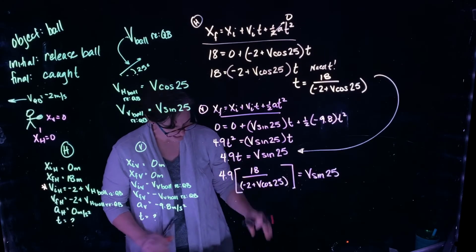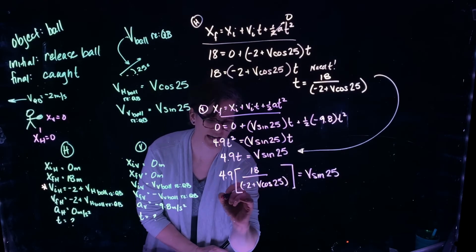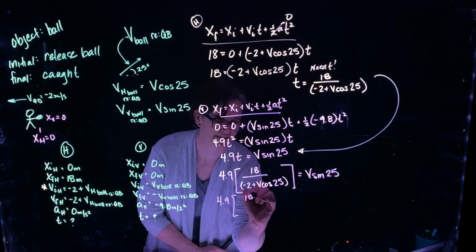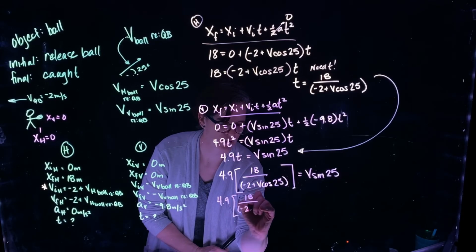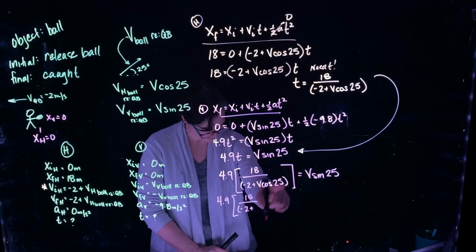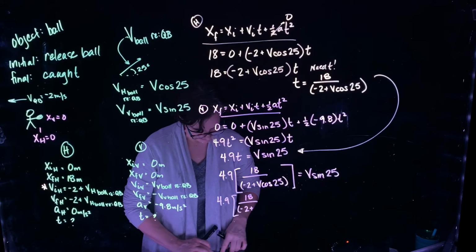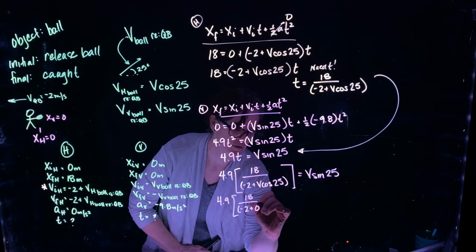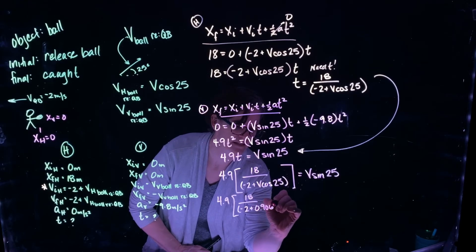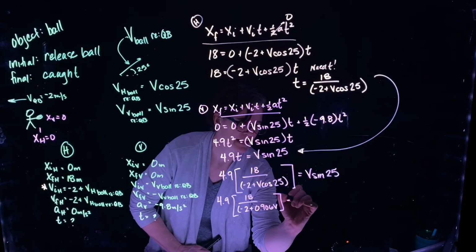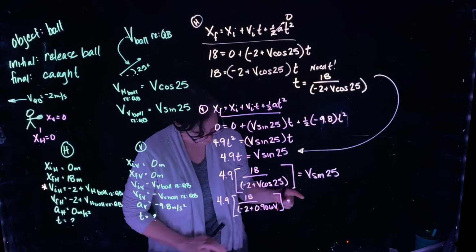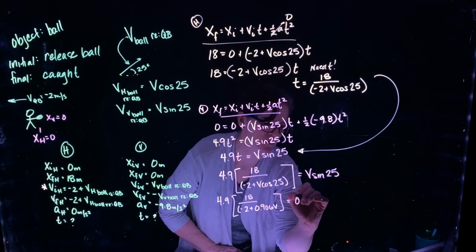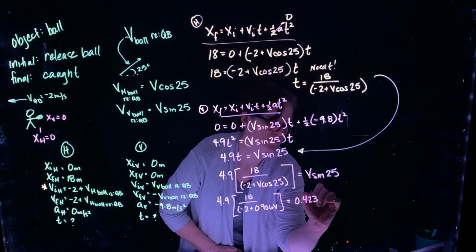So we end up with 4.9 times 18 over minus 2 plus, and the cosine of 25 is 0.906, so plus 0.906 v. And that equals v times the sine of 25. And the sine of 25 is 0.423 v.